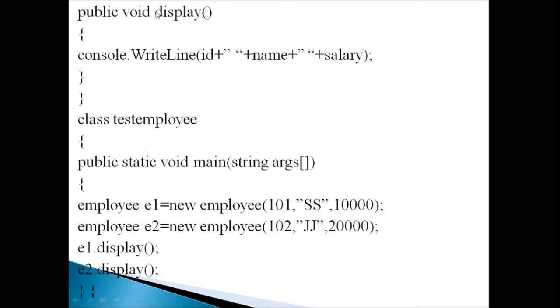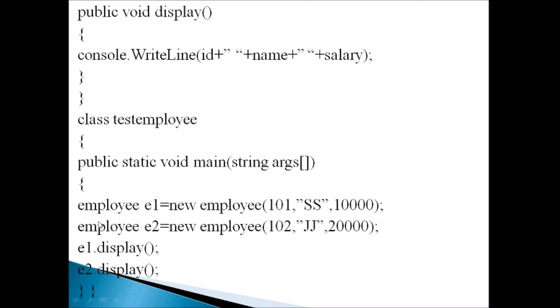And then the next method is public void Display. Within the method Display, we are just going to display all the values ID, name and salary using the statement Console.WriteLine. And then the main class TestEmployee, where public static void Main is included. Within Main, we have created two objects for the class Employee.